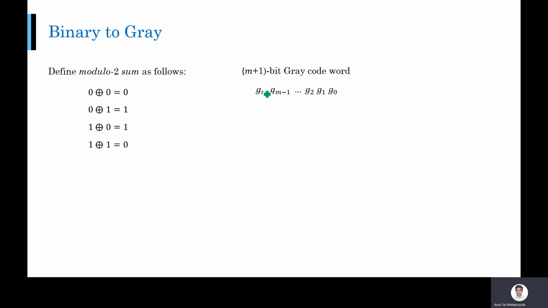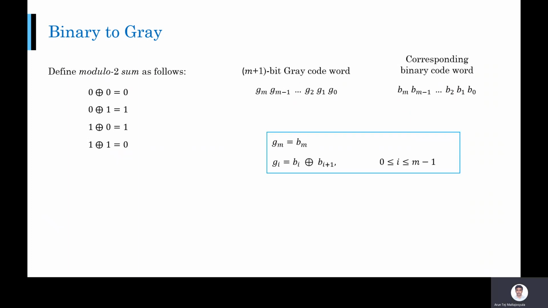So let us say you have an n plus 1 bit gray code word with bits from Gn to G0. The corresponding binary code word is from Dn to D0. Okay. So now you want to convert from binary to gray.